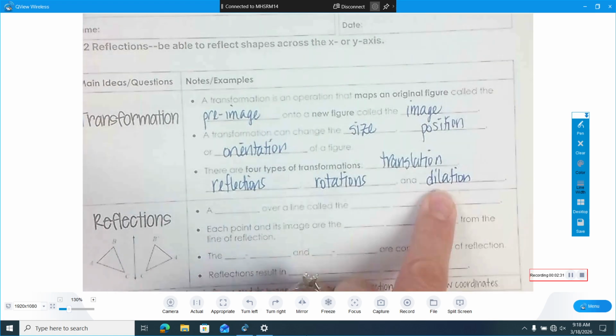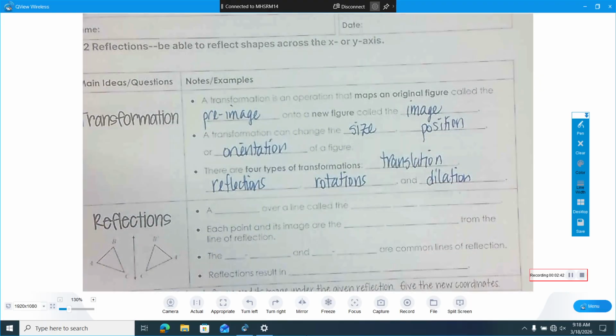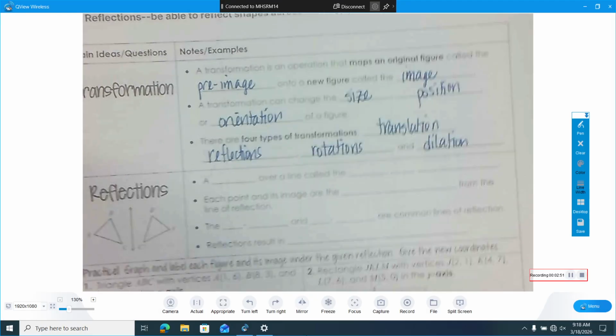And dilation is just like your pupil dilates. It can get big and it can get small. That is your pupil dilating. We can do the same thing with shapes. We can take a shape and dilate it and make it bigger, an enlargement, or we can dilate it and make it smaller and shrink it, okay? And so we're doing all these things with transformations today.